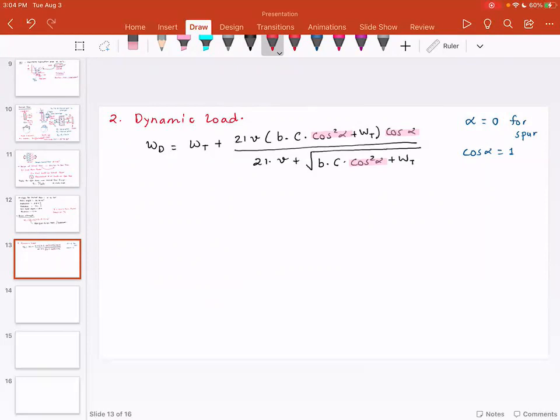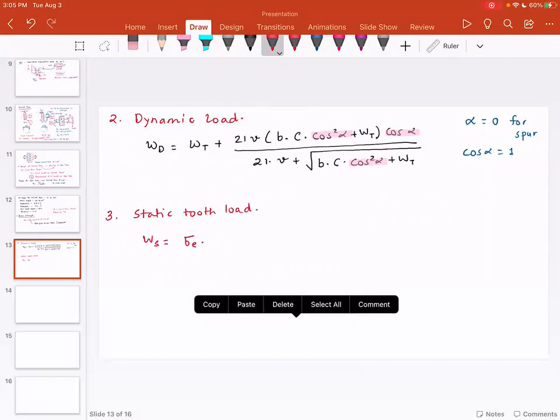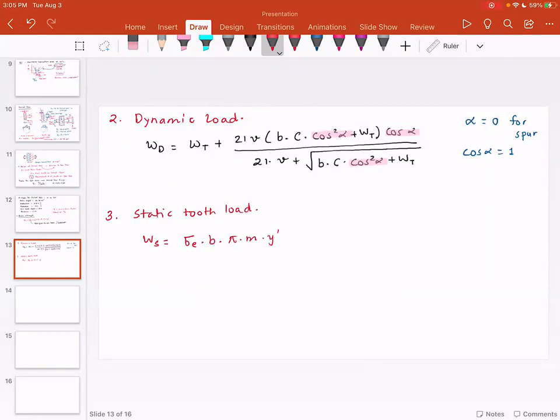The next thing is similar to spur gear. We need to find out the static tooth load. So static tooth load is WS is equal to sigma E, exact same process as the spur gear, multiplied by B, multiplied by pi, multiplied by M, multiplied by Y prime.